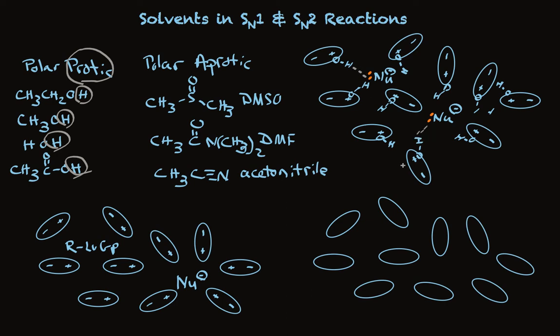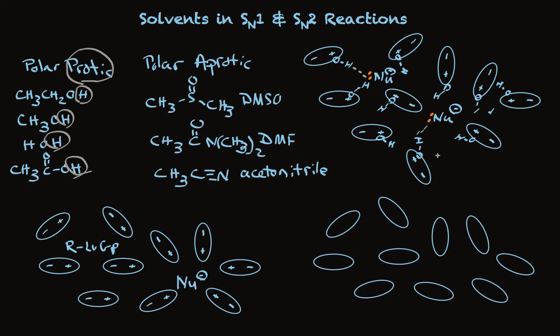What this does, in effect, is stabilize the nucleophile very well because the hydrogen bonding is very strong. And now we have a much less reactive nucleophile. So polar solvents promote SN2 reactions, but protic polar solvents do just the opposite. They stabilize the nucleophile so well that it's much less reactive.